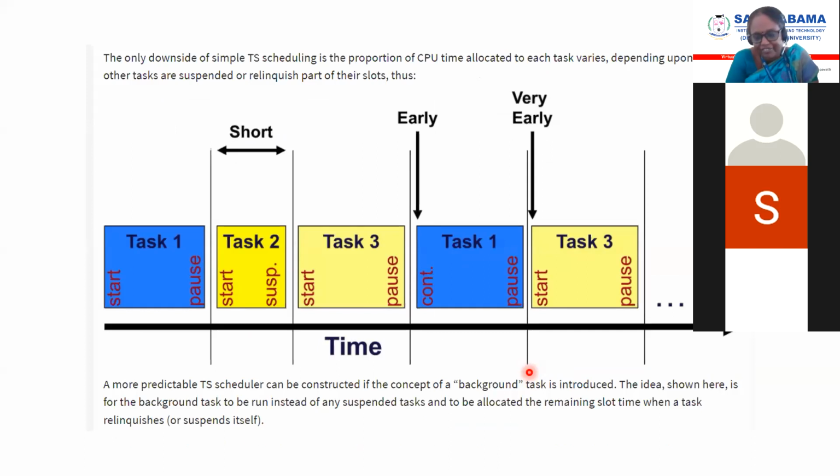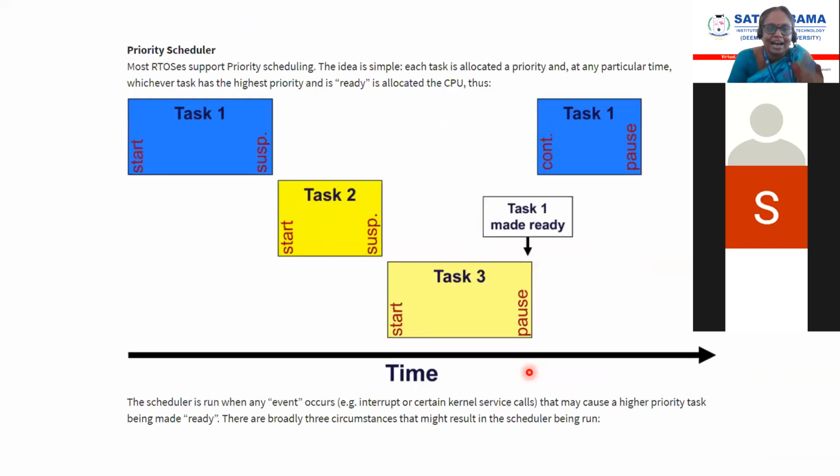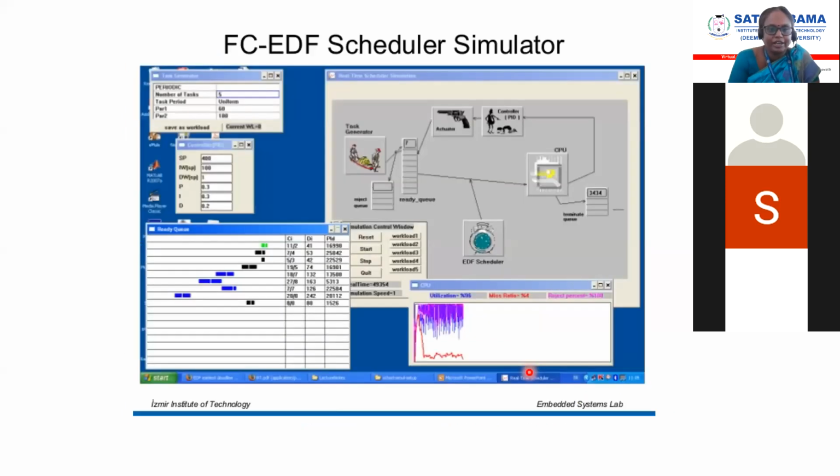So an early task, a very early task is there. And sometimes we can keep the concept of a background task also introduced, and then we can take that background task earlier. And the next one is the priority scheduler. Depending on the priority, it will continue the task. Okay, I think you have seen.